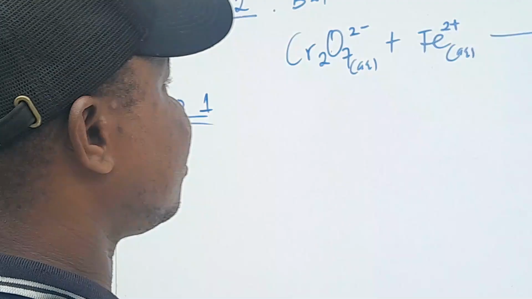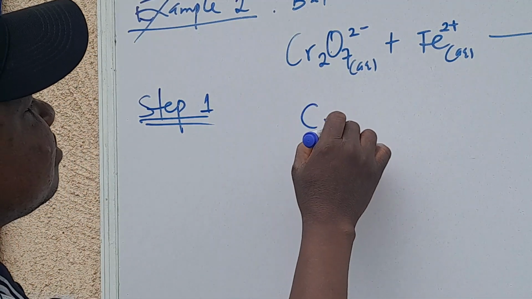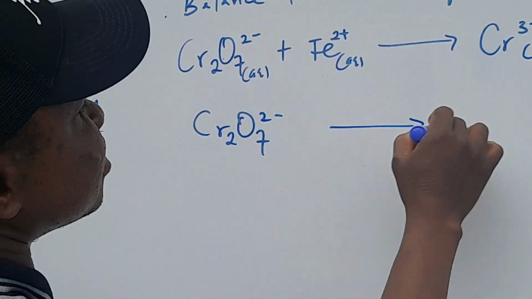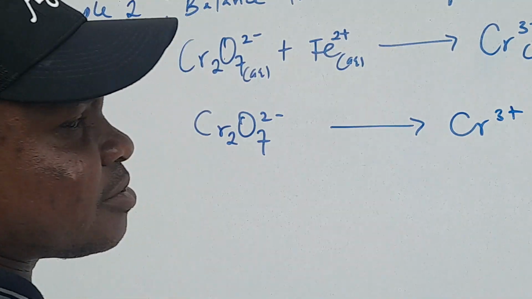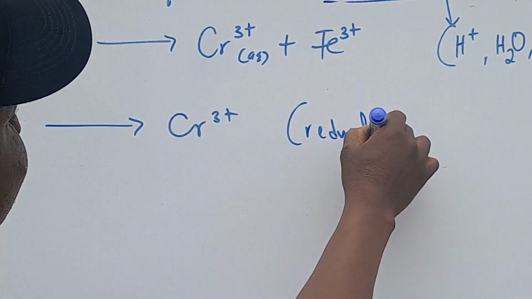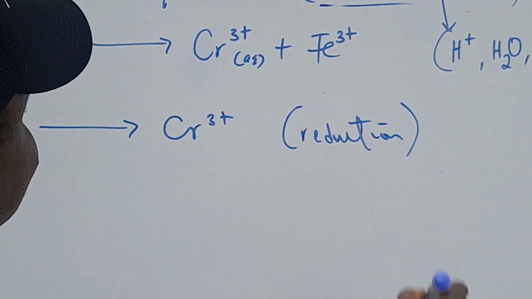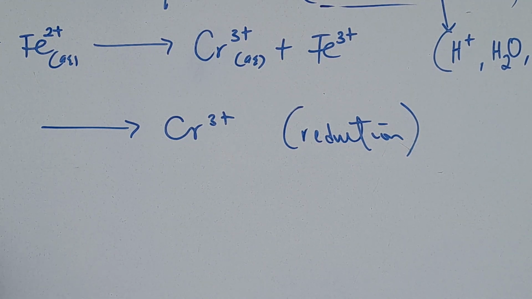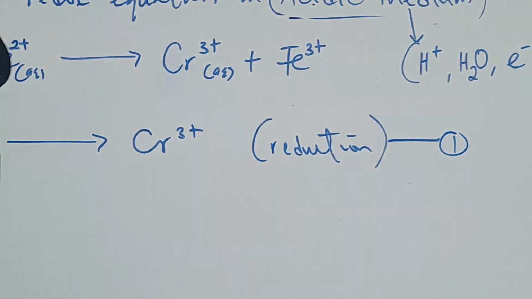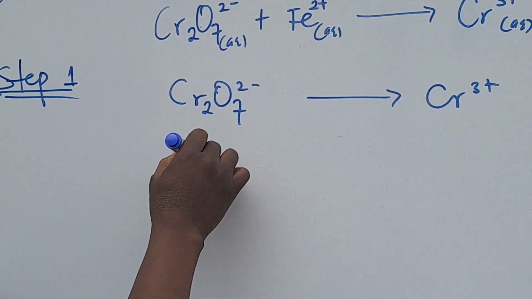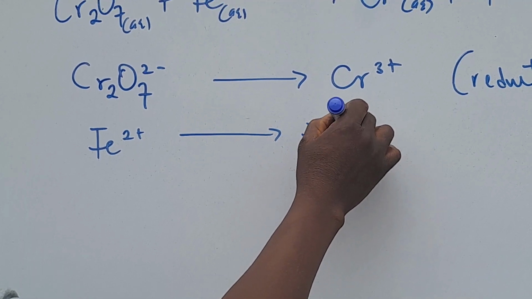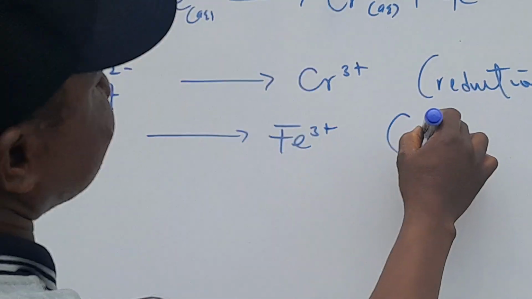So let's quickly do that. We have Cr2O7 2- yielding Cr3+. This one will give us reduction. You still remember the definition of reduction, which says removal of oxygen. So we have equation 1, and Fe2+ yielding Fe3+ is oxidation.